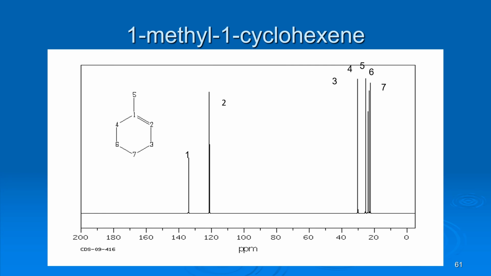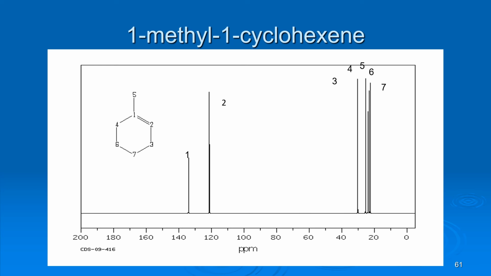And then one more example was that last one. You could see that, like we said, technically there's 7 different carbons. Each one is very different. And if you look at this, you can see obviously the 2 that are double bonded are the furthest to the left, and the number 1 here, because it's also bonded to an extra carbon, will be a little bit further left than number 2.